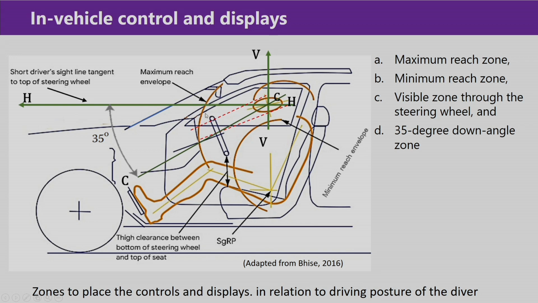The next area is the maximum reach envelope. While deciding the maximum reach envelope, we need to position a 95th percentile mannequin on the seat and measure the forward 3 finger arm reach, while the driver, with larger body dimensions, adjusts their seat to the rearmost position and sits there while extending their arm forward.